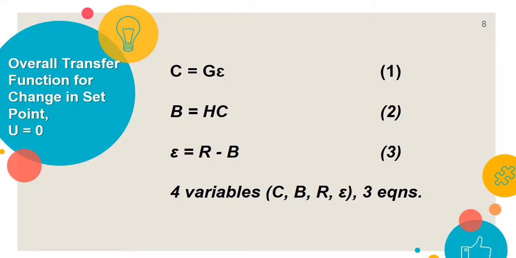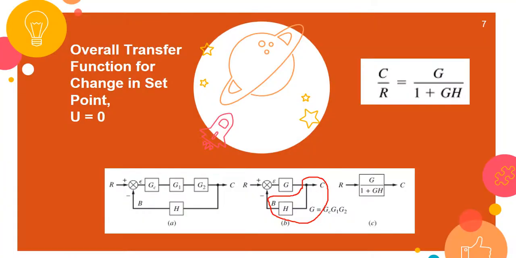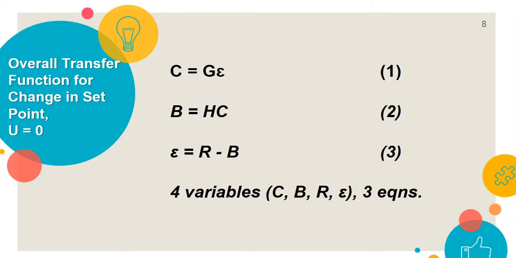If you're going to work your way through these three equations, you will come up with an overall transfer function equivalent to this. So, this is the way you do it graphically. This is the way you do it using equations.